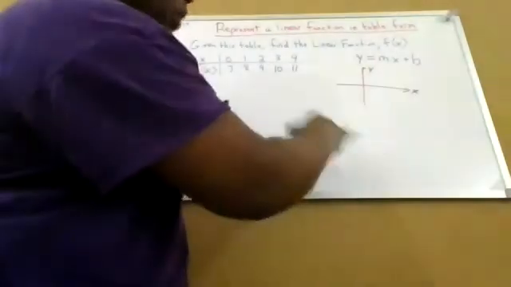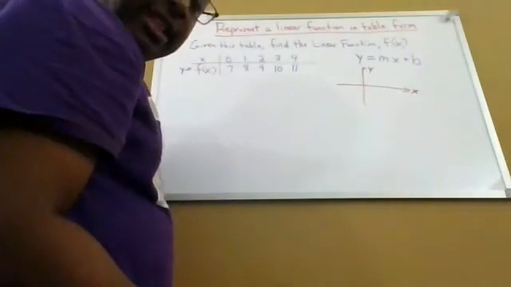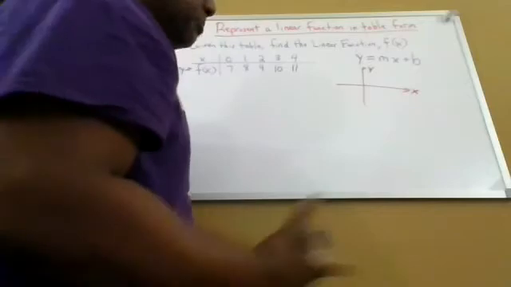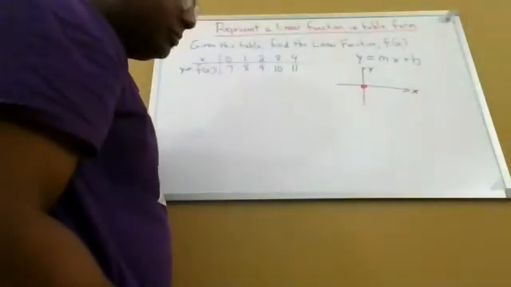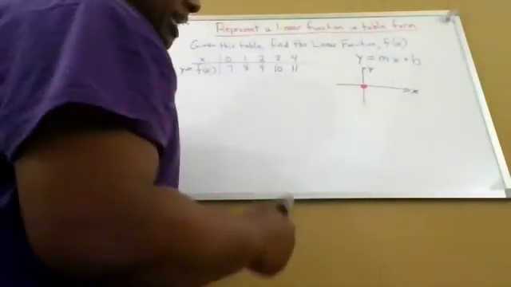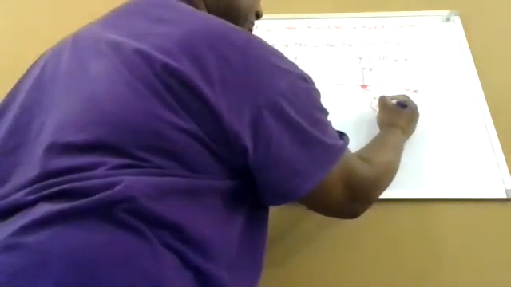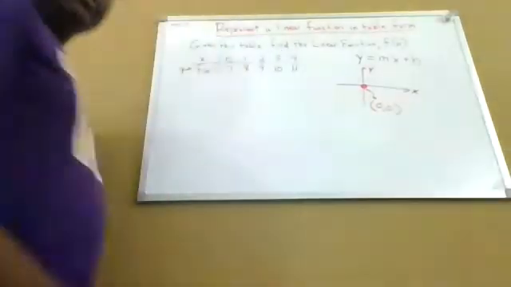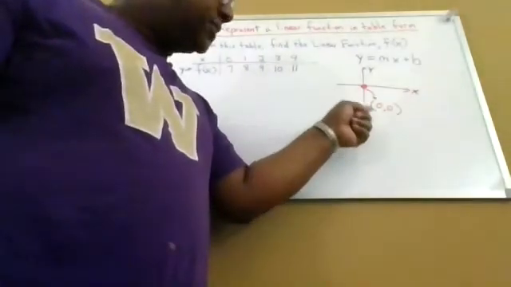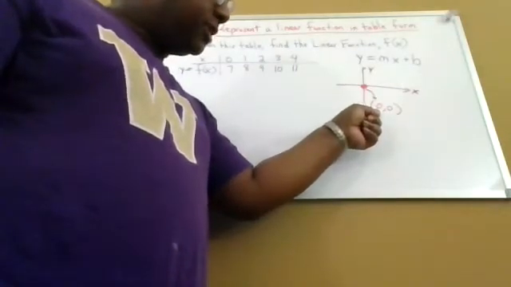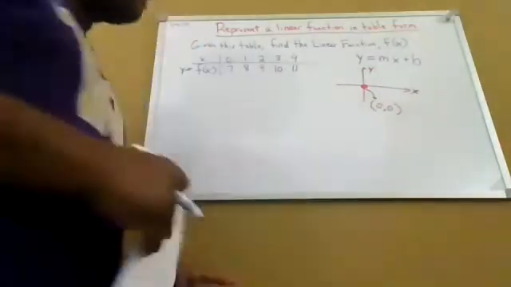And you have many points on this plane that are defined by coordinate pairs, meaning if I start with my origin, I know that one point is defined by the coordinate pair of x equal to 0, y equal to 0.